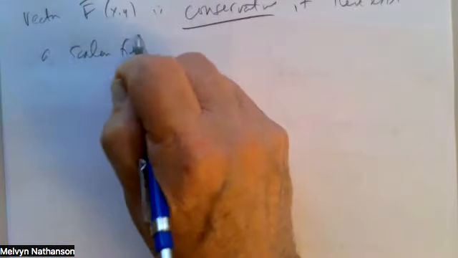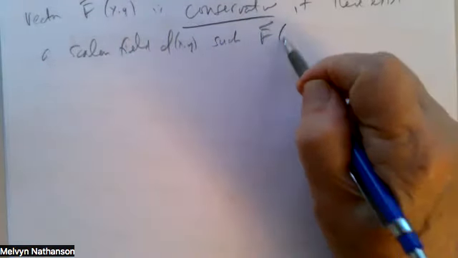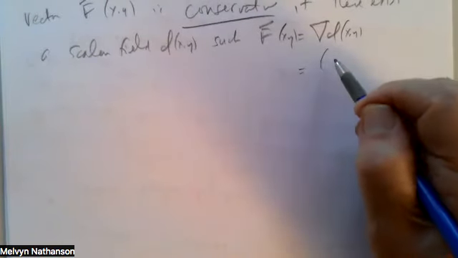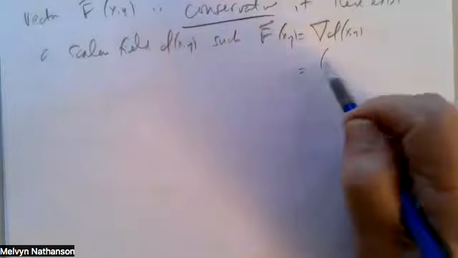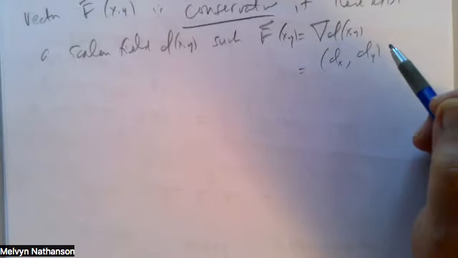So a vector field F of x y is conservative if there exists a scalar field phi of x y such that F of x y is the gradient of phi of x y, which means this is the vector field whose first coordinate is the partial derivative of phi with respect to x, and whose second coordinate is the partial derivative of phi with respect to y.